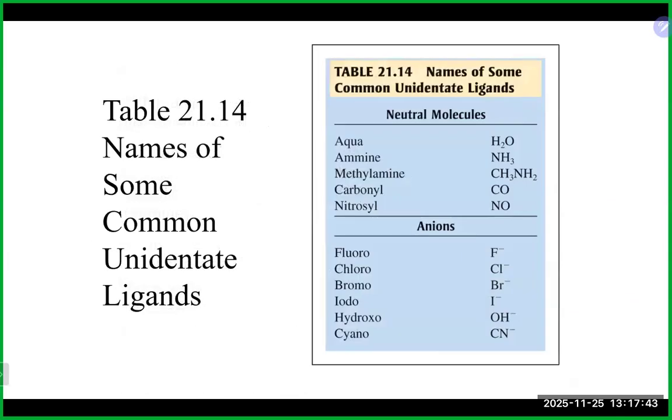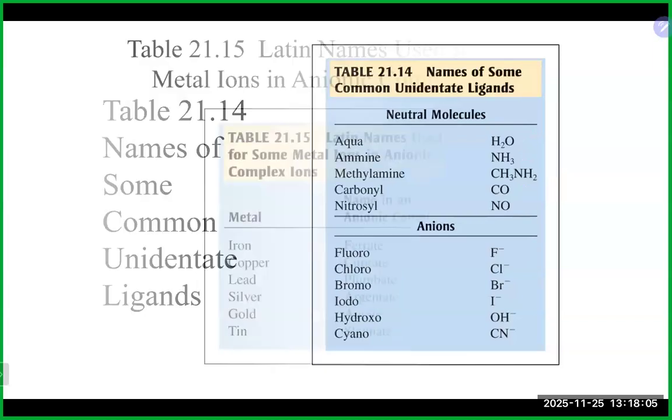So here's some tables of some of these ligands and some of the names. Again, aqua or aquo, amine, methylamine, which is the regular name for that, carbonyl. Our halogens are named like we do in organic: fluoro, chloro, bromo, iodo, cyano for cyanide, hydroxo for hydroxide.